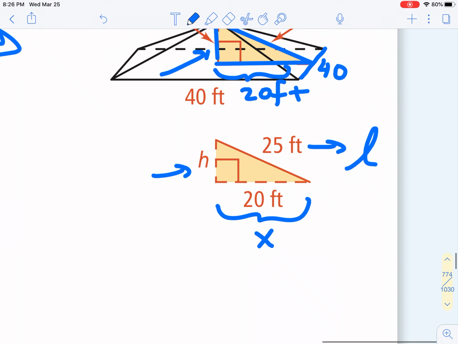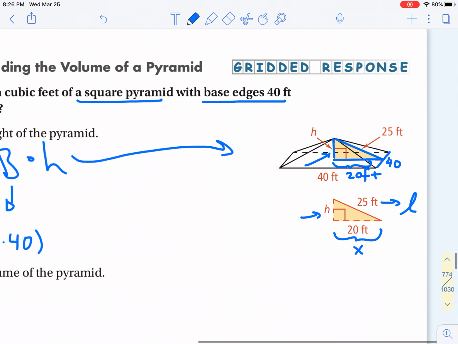If we do a little legwork here, we should notice that H is part of a right triangle. So we have L squared equals H squared plus X squared. Let's put these values in.